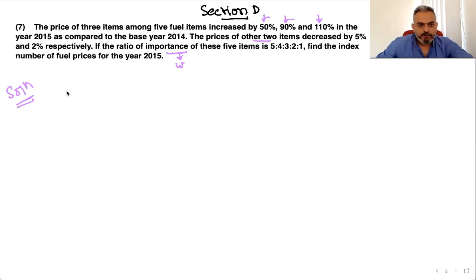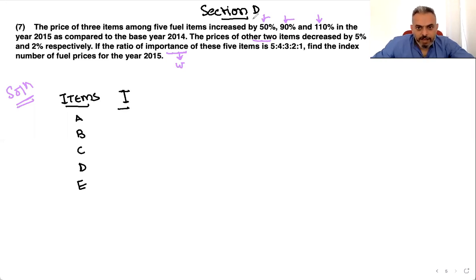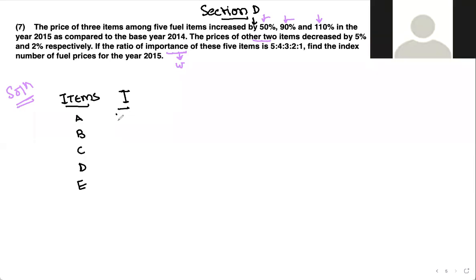So let's write the solution. Let's take items A, B, C, D, E. Then index number. Now they have increased by 50%, 90% and 110%. So index number for item A, what will it be, 50 or 150? 150.